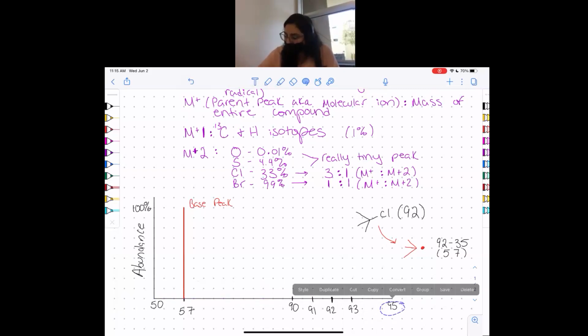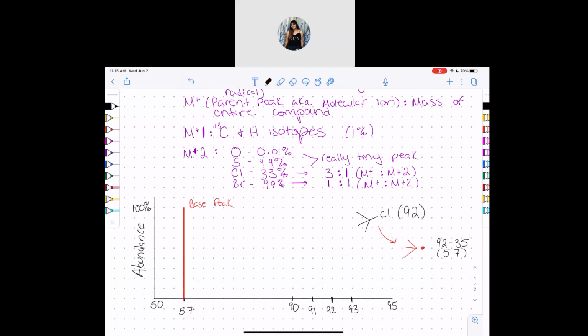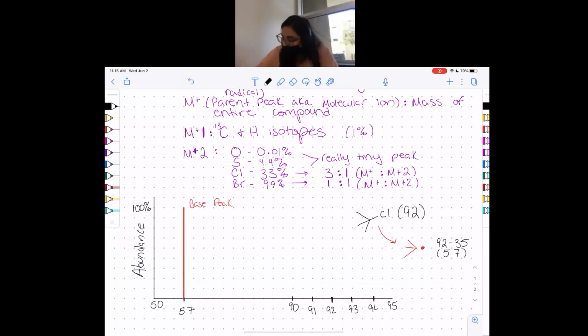Because that's the parent peak, the entire molecule. Sweet. So at 92, we're going to have this right here, and we can call this M plus, or parent peak, or molecular ion.